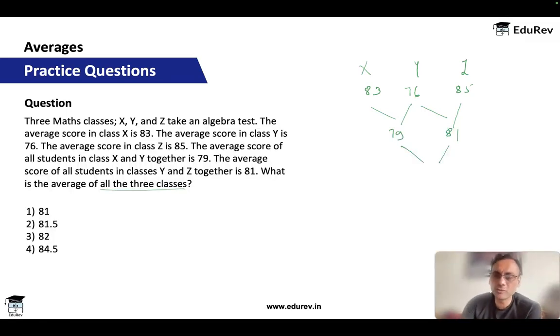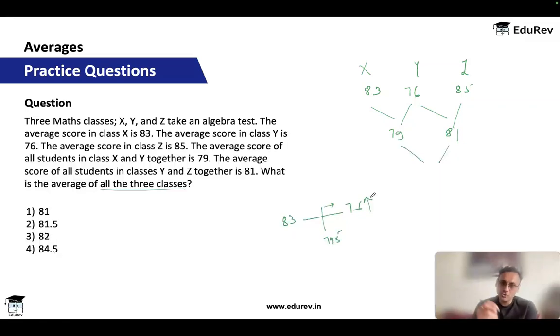One thing you must notice is that for X and Y, 83 and 76, the average that I'm getting is 79. Whereas for 83 and 76 the difference is 7, half is 3.5, so 79.5 should have been the average. But the average is 79 this side. That means this class has a higher strength.